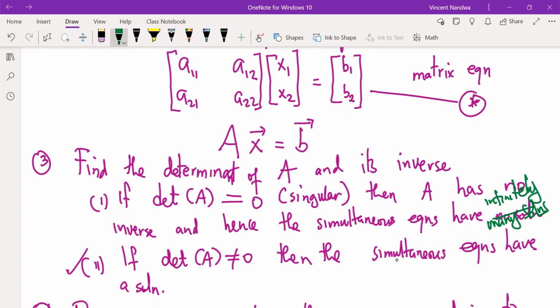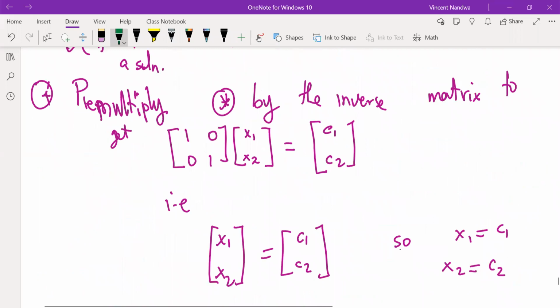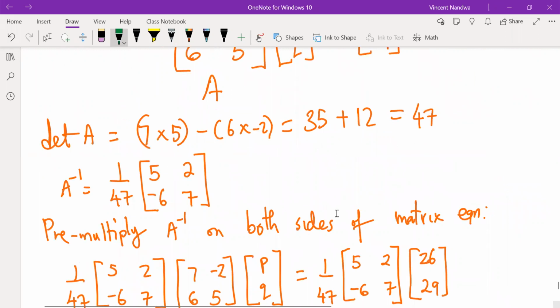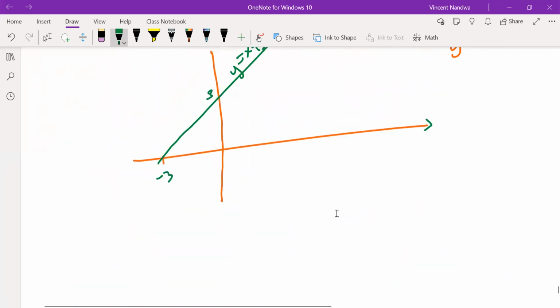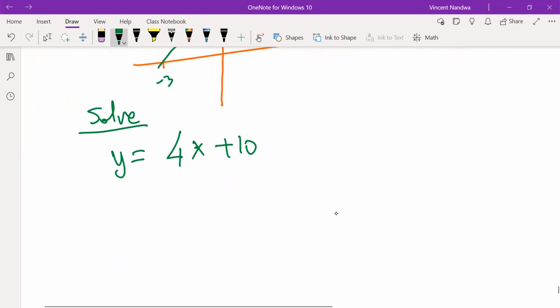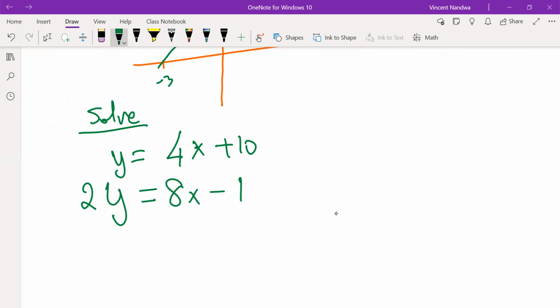So for example, if we have, solve the equations y equals 4x plus 10 and 2y equals 8x minus 11.